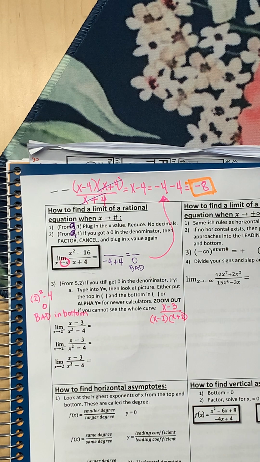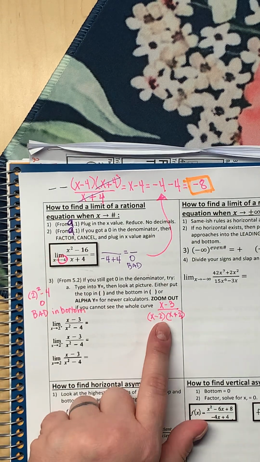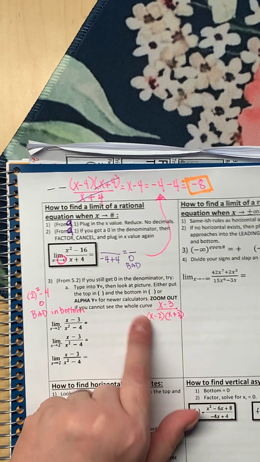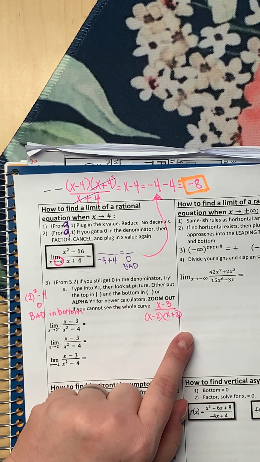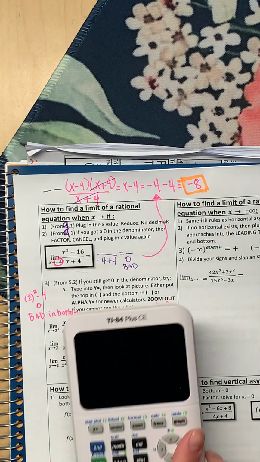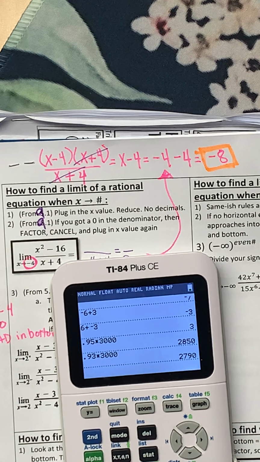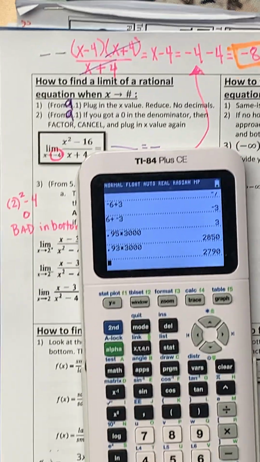Okay, so here I tried to factor, like number 2 said to do. I tried to cancel, but I can't cancel anything. So because I can't cancel anything, I'm still gonna get a 0 in the bottom. So instead, we plug it into y equals. So let's plug this into y equals.